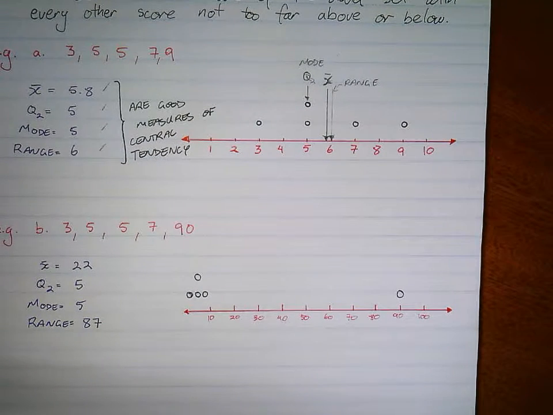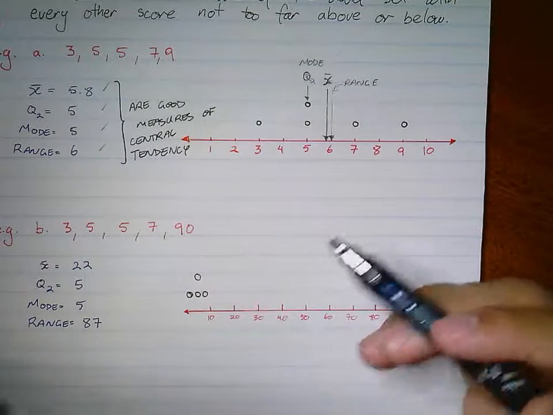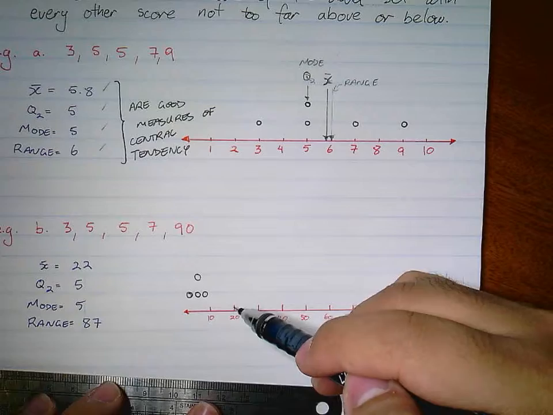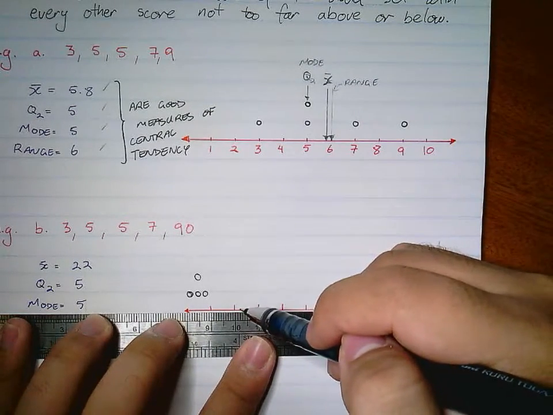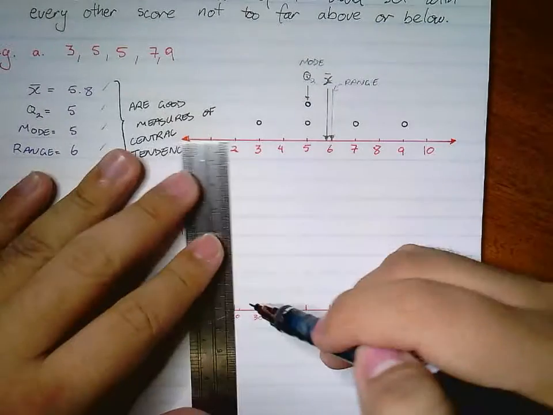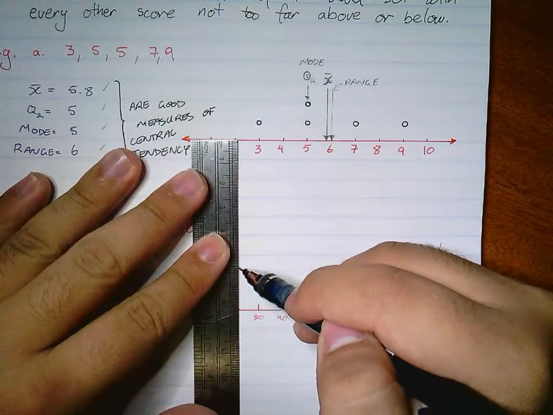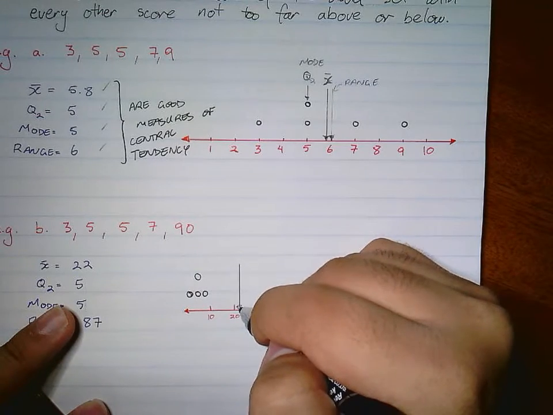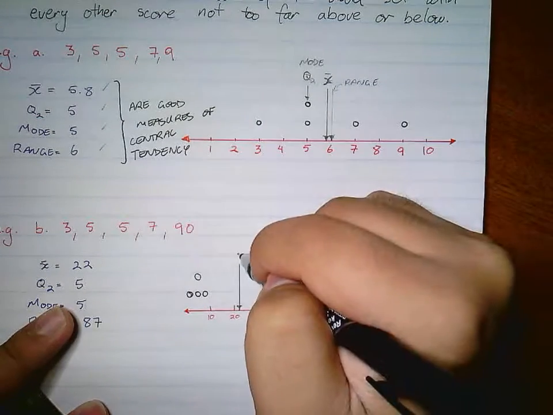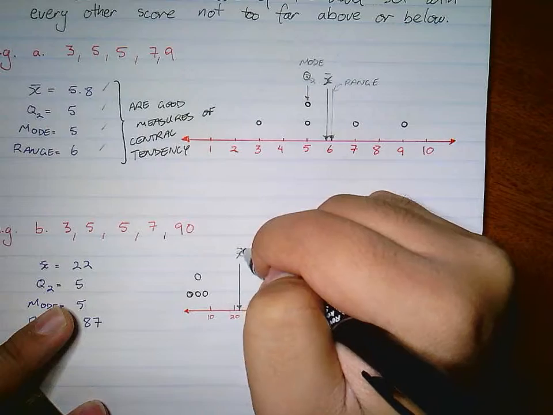Now, if we were to draw onto the dot plot our values, 22 would be approximately right about there. So that is our mean, x bar.